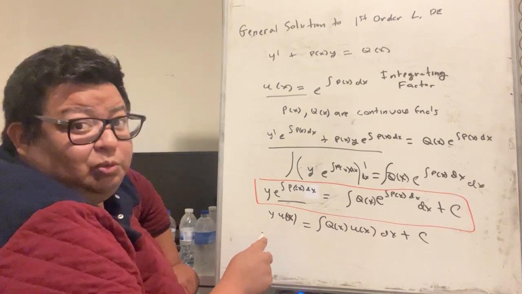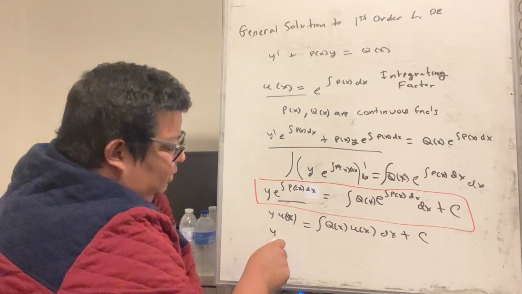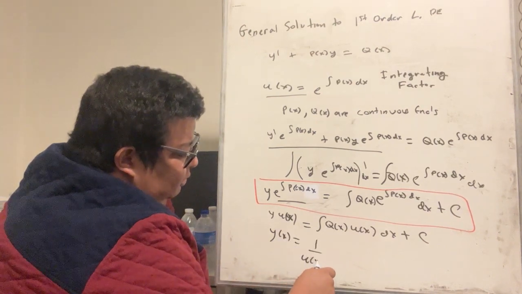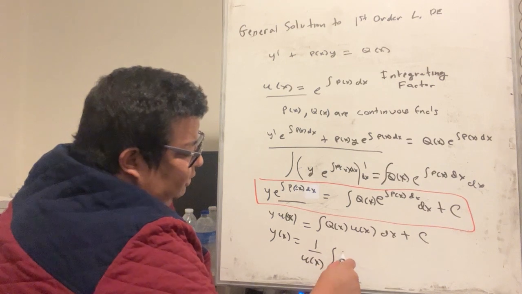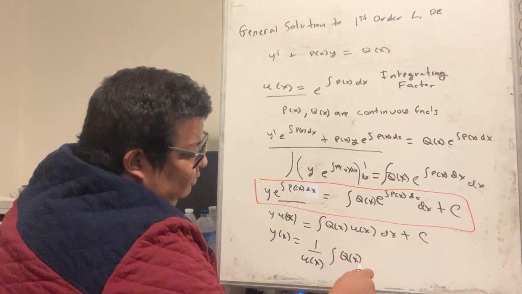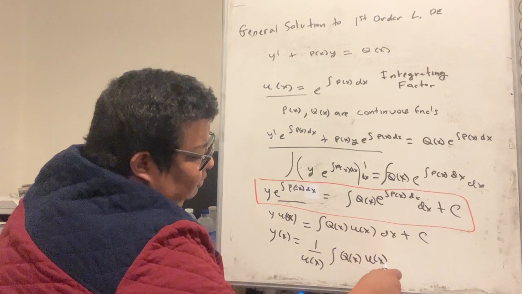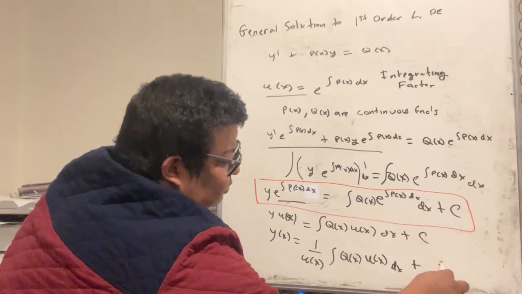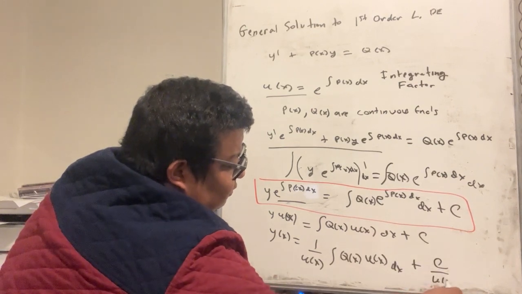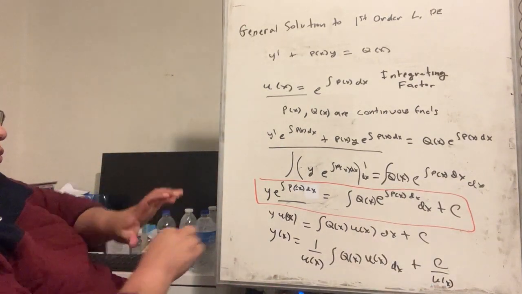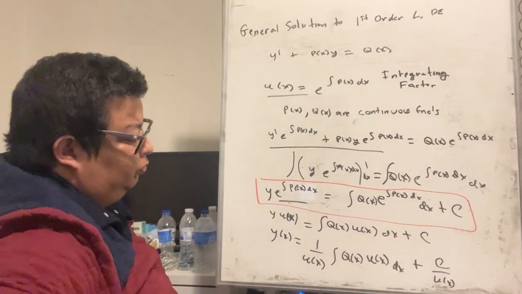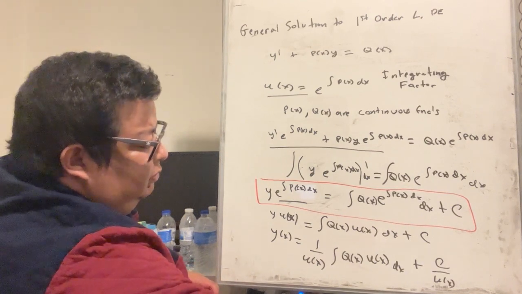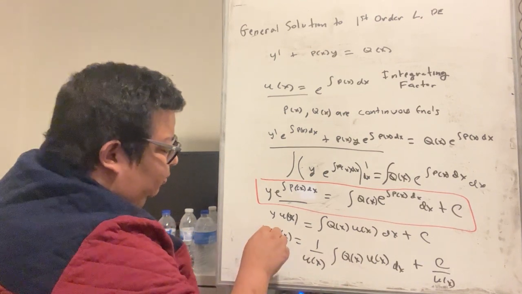And then if you want to solve for y, you just divide by u(x), so that will be y(x) is equal to 1 over u(x) times the integral of q(x) u(x) dx plus c over u(x). And this will be your final form.